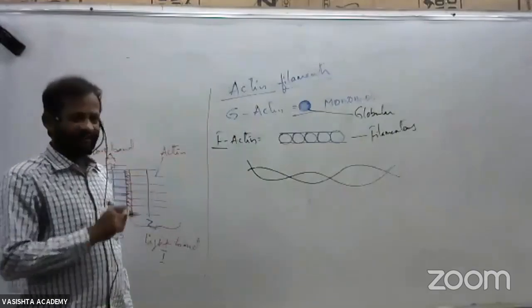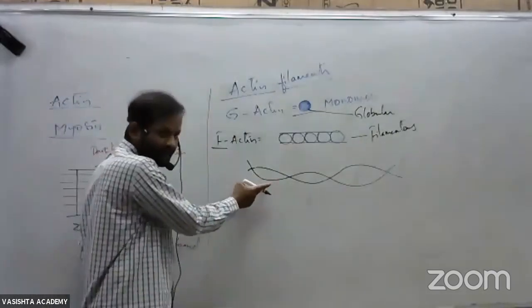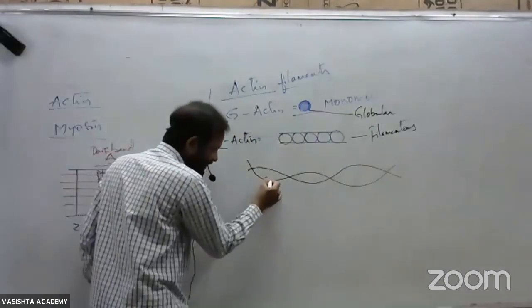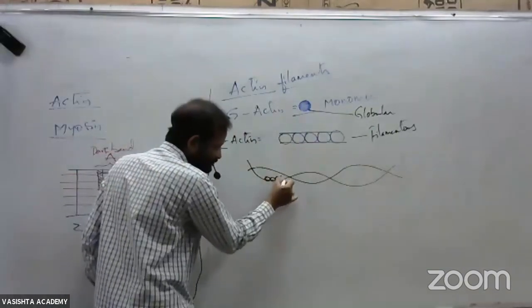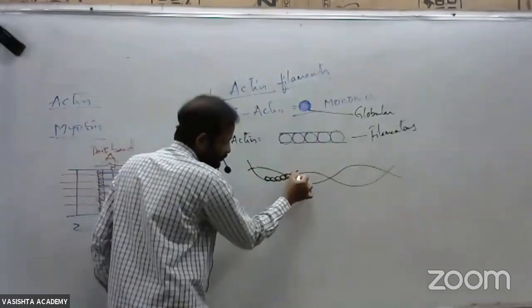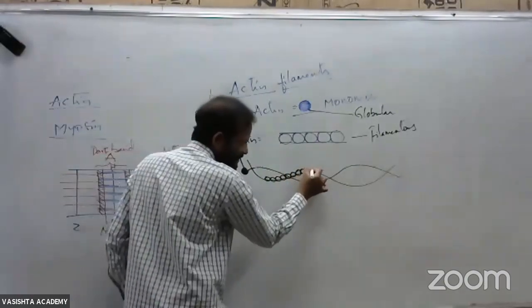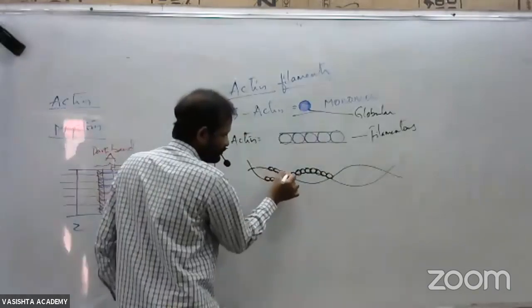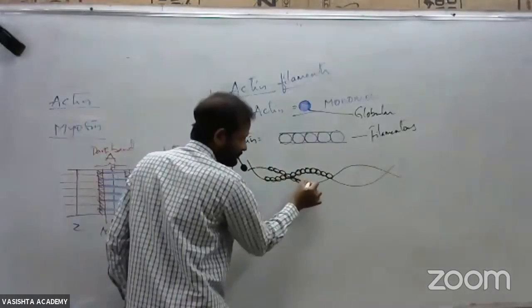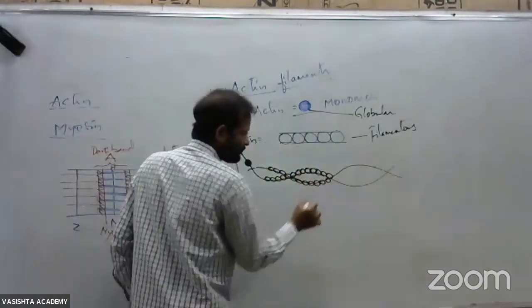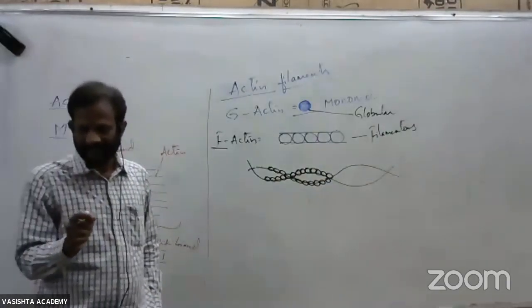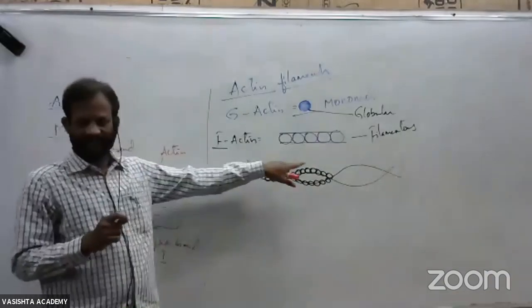They are twisted. Now here again I am showing it in the form of a single line. Actually, that is nothing but a polymer of G-actins. Now you understood the structure of actin filament. So like this, we can find 2 F-actins.